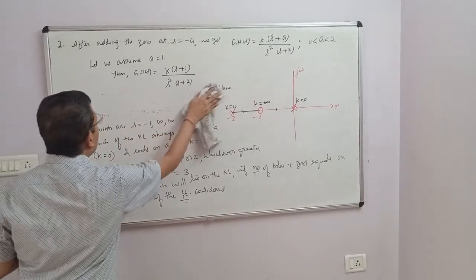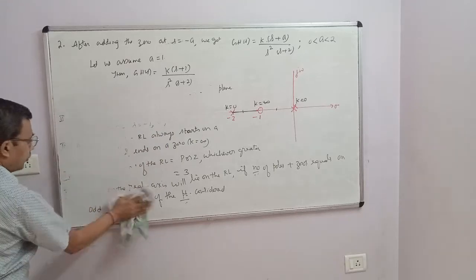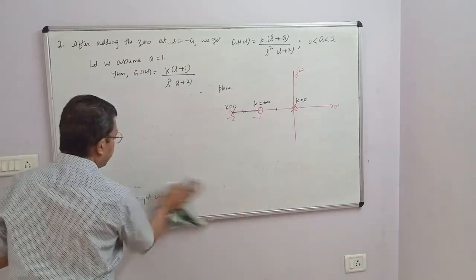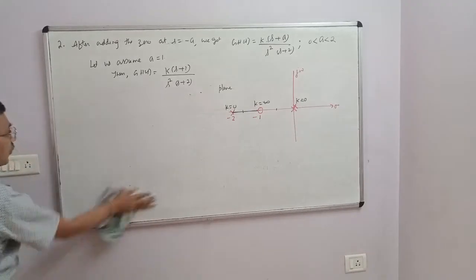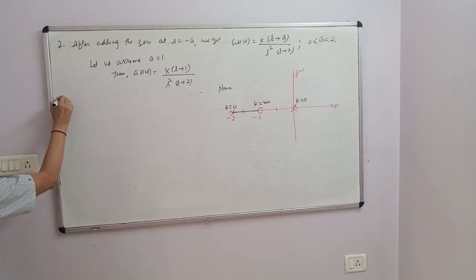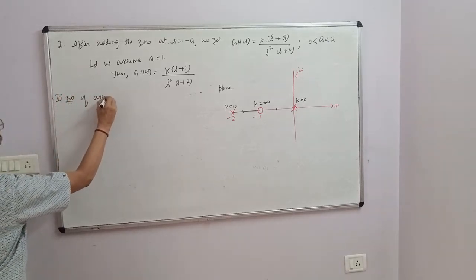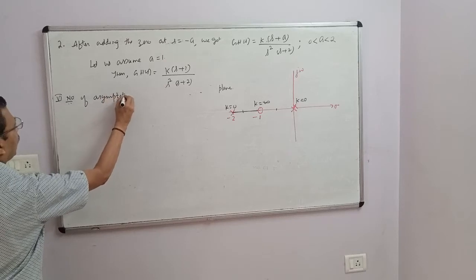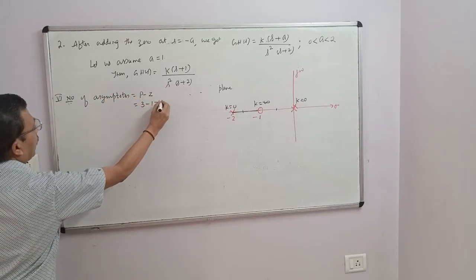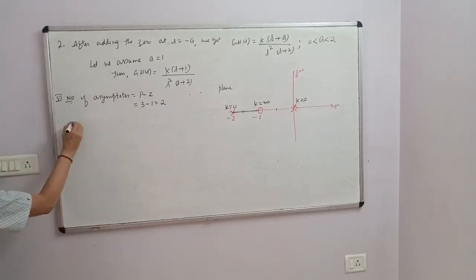Next, we'll go to asymptotes. Number of asymptotes is equal to p minus z is equal to 3 minus 1 is equal to 2.